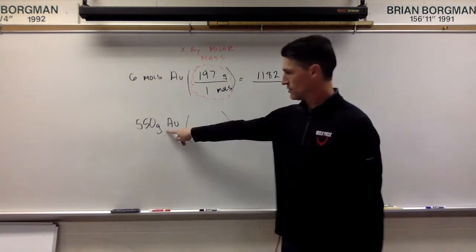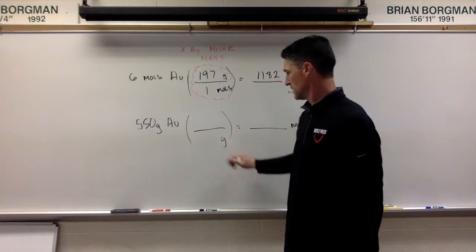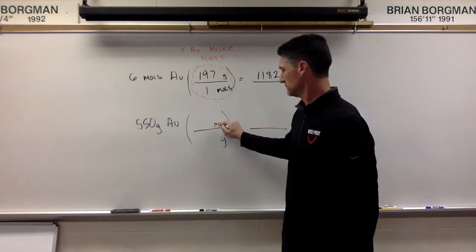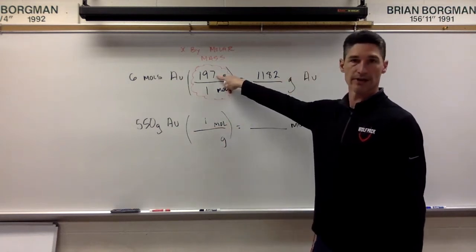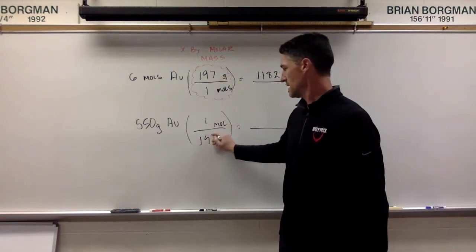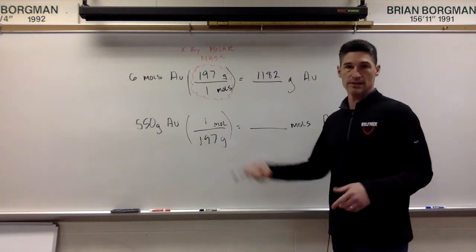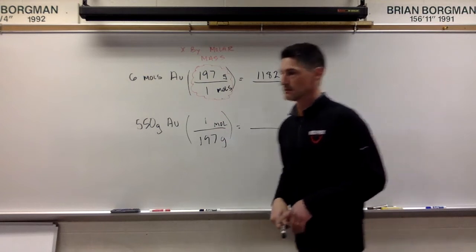Grams is in my numerator, so I've got to put it in my denominator. I'm ending in moles, so that's what goes on top. And 1 mole of gold, we know, is 197 grams, because we just got that off the periodic table. Now all I do mathematically is take 550 and divide it by 197. My answer goes right there.